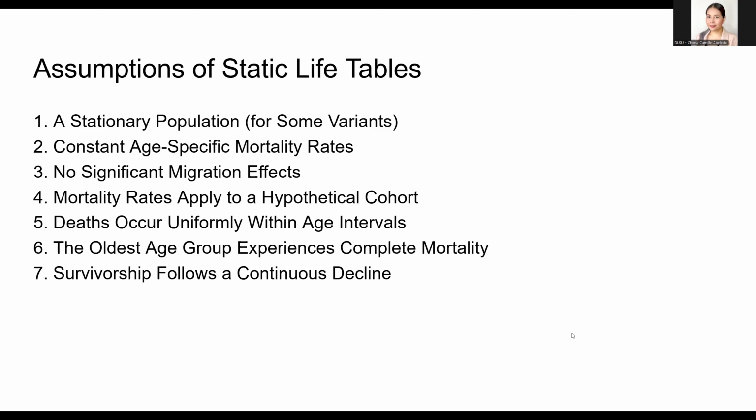So this ensures that the calculations for life expectancy and cumulative years lived would be meaningful. Okay? So yun. So static life table. So kaya makikita nyo dito sa assumptions na ito kung ano yung scope at limitations niya, kung saan lang siya applicable.